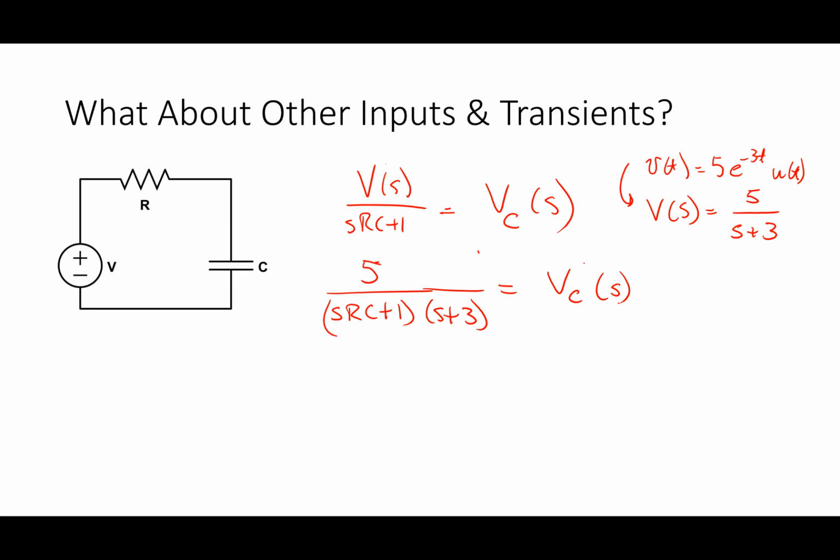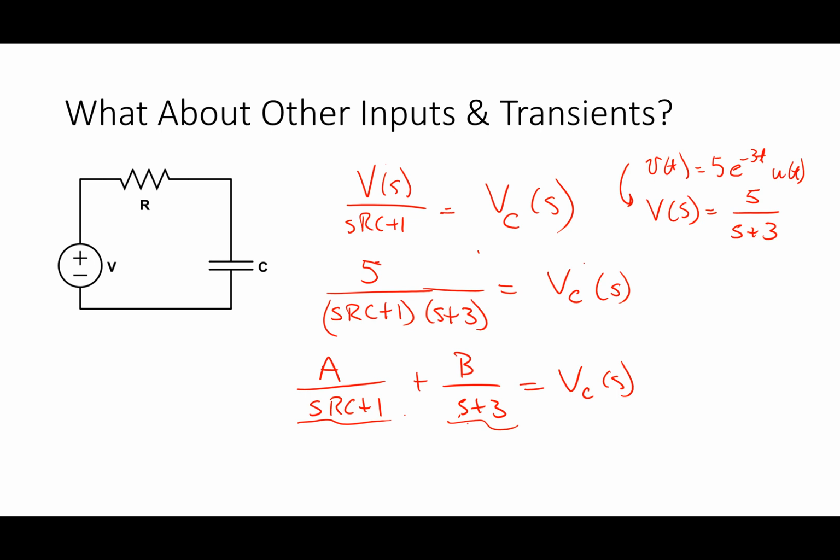And so basically, if I separate this out, do the partial fractions, I'm going to end up with something of the form A over sRC plus 1 plus B over s plus 3. And I inverse Laplace transform that. Without getting into the weeds, what type of function is both of these results?